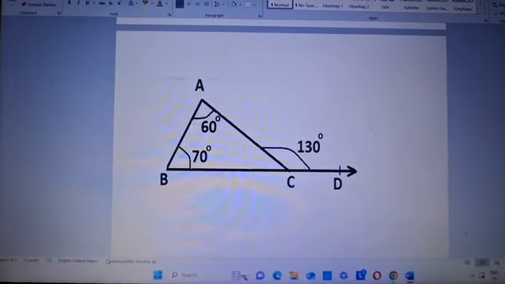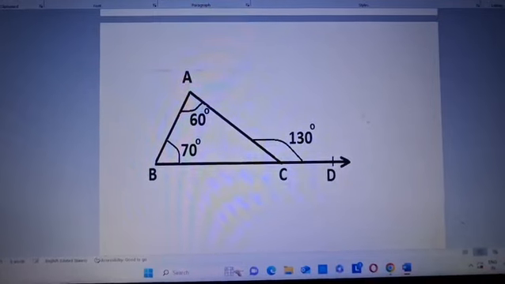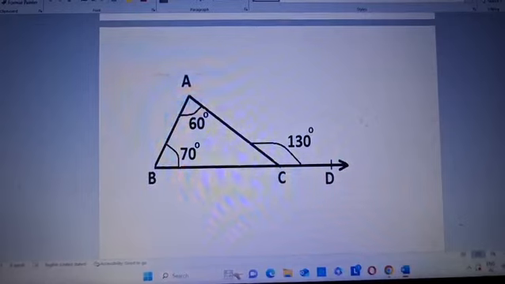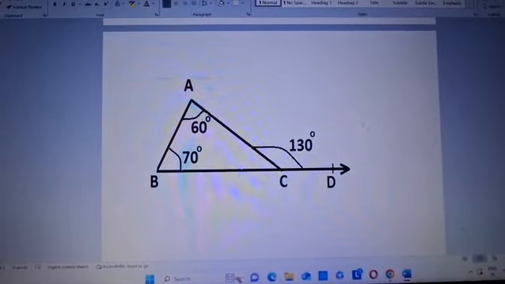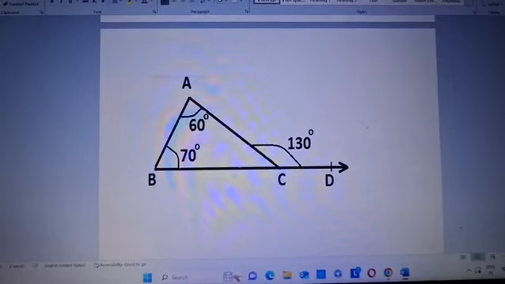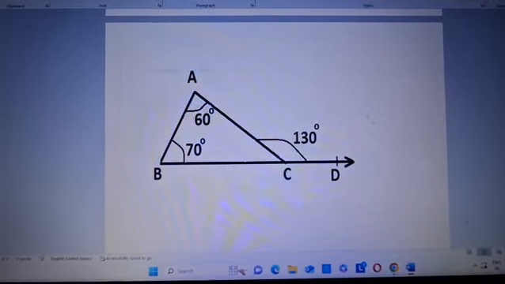At the last, I am showing you another example of the exterior angle theorem. Here you can see in triangle ABC, angle ACD is the exterior angle and the measure of angle ACD is 130 degrees. And you can see by the figure that the opposite two interior angles are angle BAC and angle ABC.